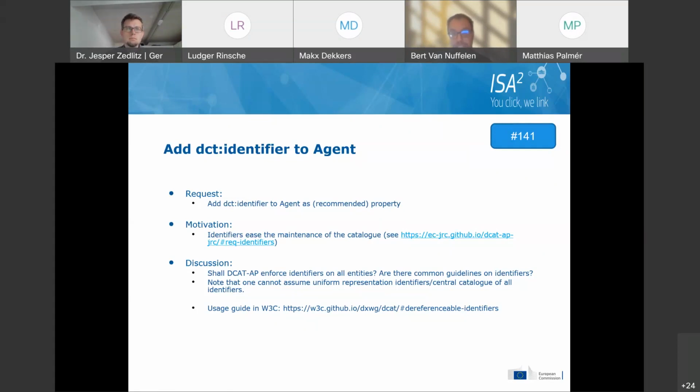If we discuss that, we can look at which entities we should enforce identifiers on, and whether we should put common guidelines on the usage of identifiers. So this is a topic that I want to elaborate with you, and you can see if it is really necessary that we enforce or motivate an additional property DCT identifier for agents, if that is valuable.